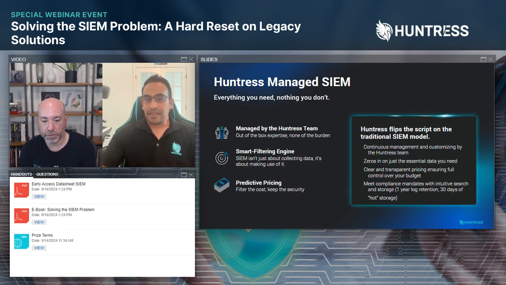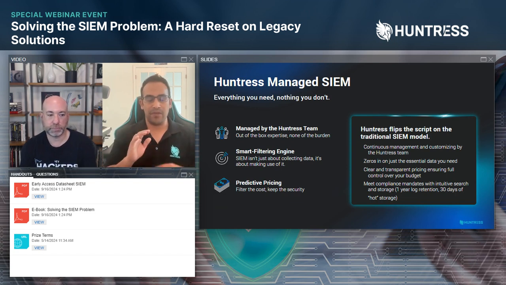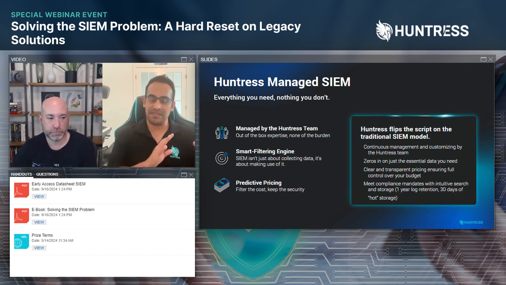So I would say the key takeaways for Huntress Managed SIEM, obviously it's going to be managed out of the box. Our Huntress team, both the internal team managing the SIEM itself and the SOC, is going to be fully managing that platform. The smart filter engine, which we talked about, is going to be there. Predictable pricing, which Seth just talked about, really are going to be the three main components. And so they address and link to the problems that we talked about earlier.